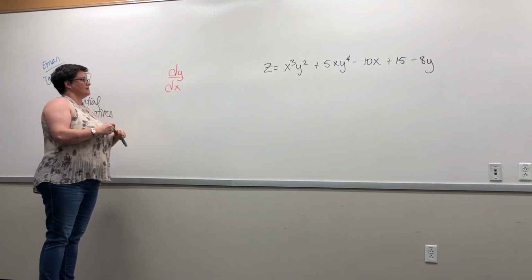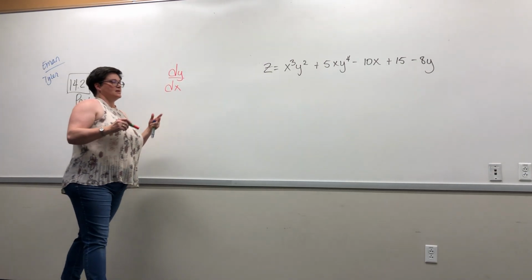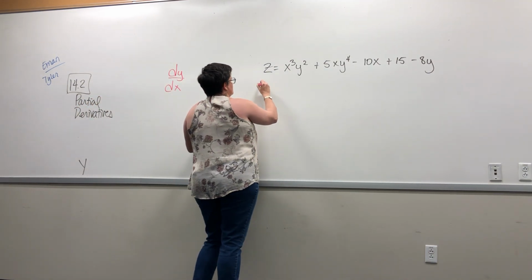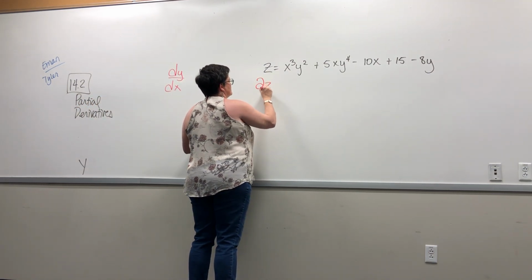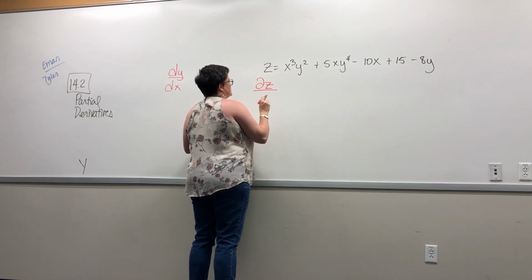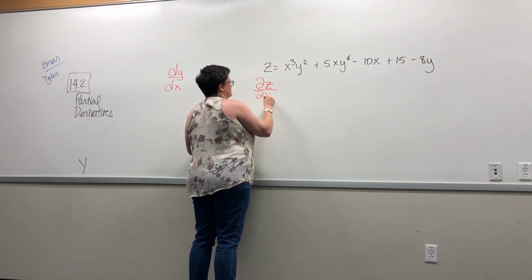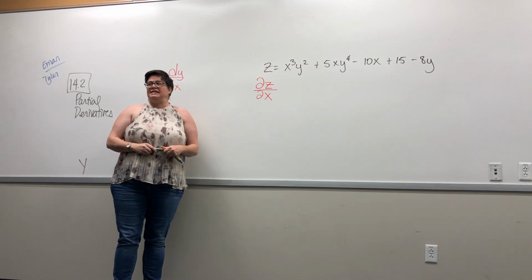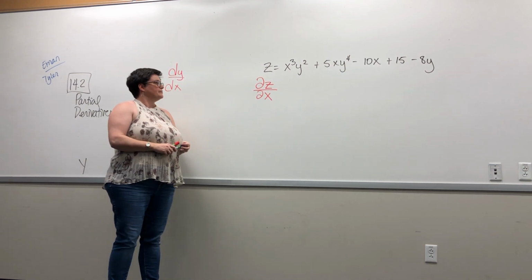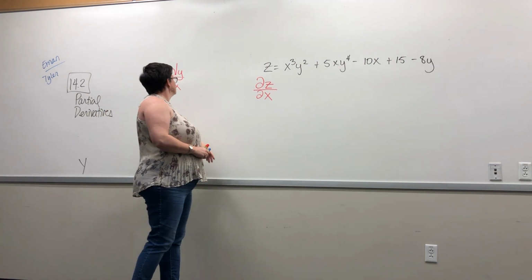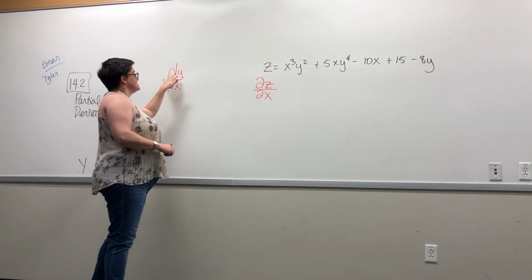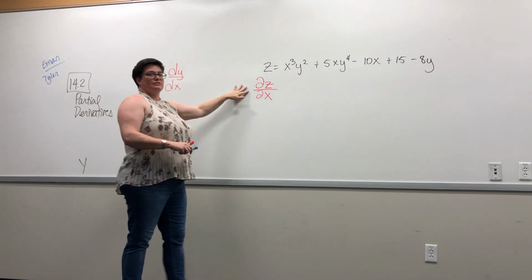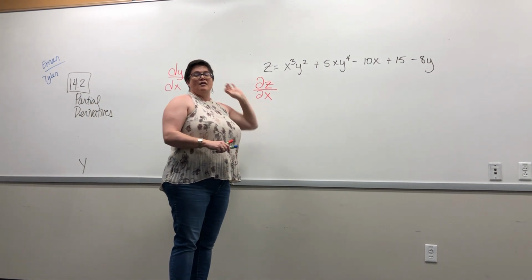Now we've got something that looks a little different. When we do partials, we use kind of a sad, like a backward 6 or an incomplete 2 or a limp d. Keep it clean, people. This is the full derivative, this is the partial derivative, okay?